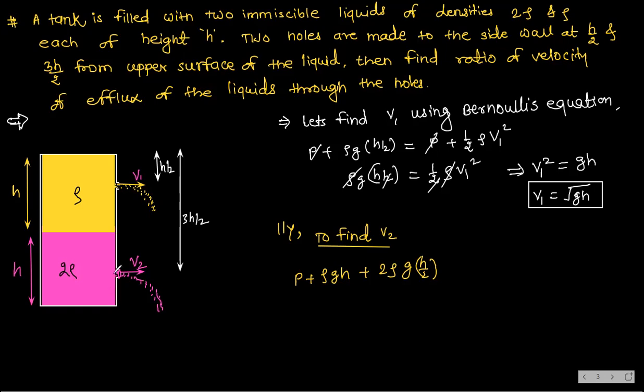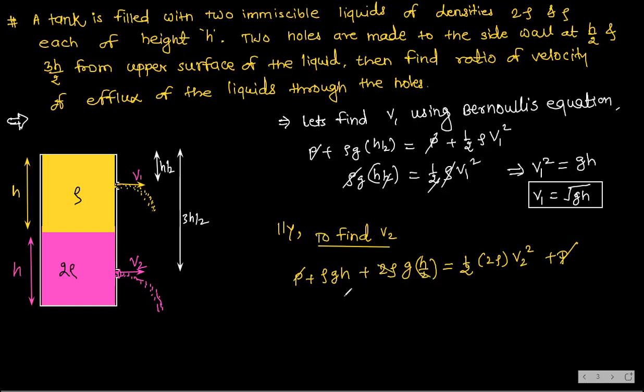Next, this is equal to half into 2 rho into v2 square plus this P. So this P and this P cancel. What we are getting, see, rho g I am taking common, this 2 and this 2 cancel.